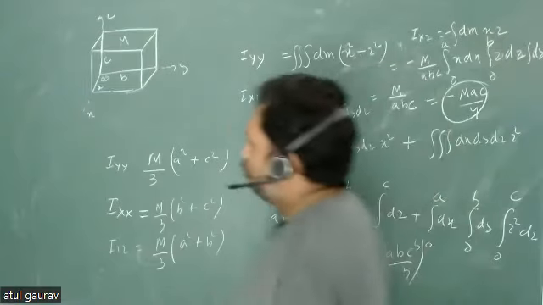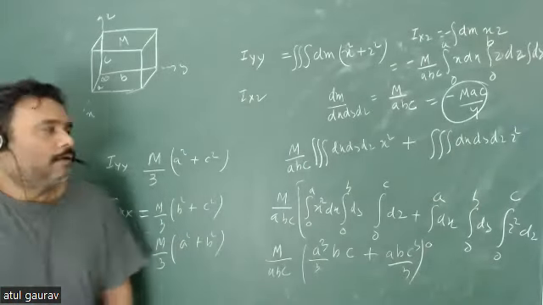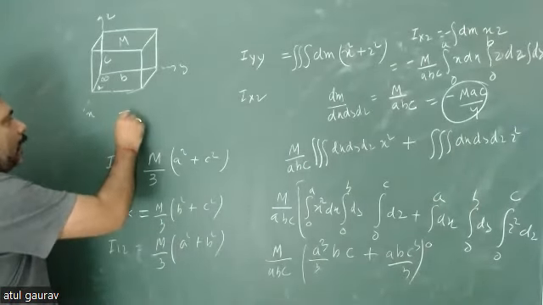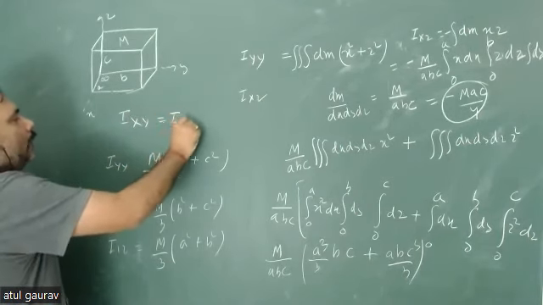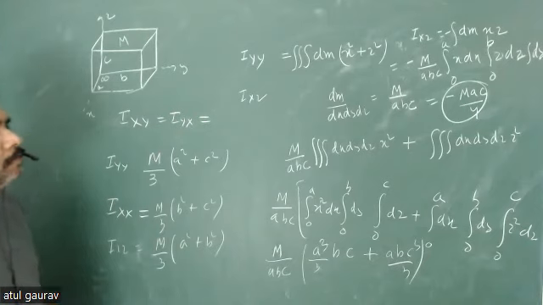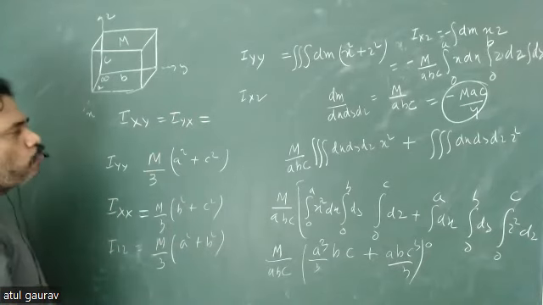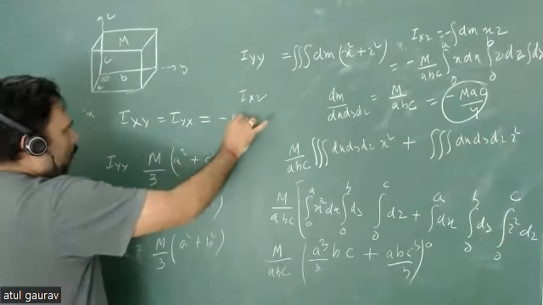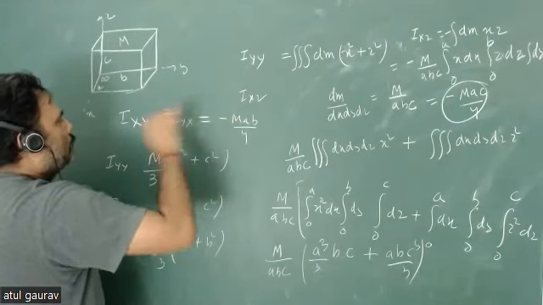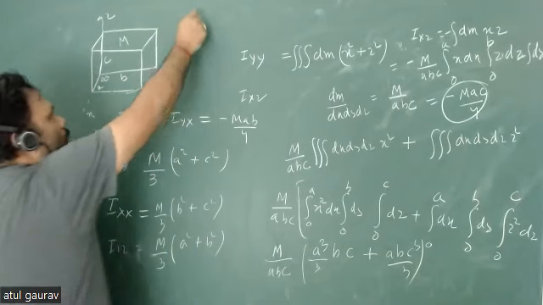Okay. So now we can write all the components. Ixy is equal to Iyx. What will be that thing? क्या होगा? Symmetry देखकर बताओ. Minus M ab by 4. यहां लिख रहा हूं.